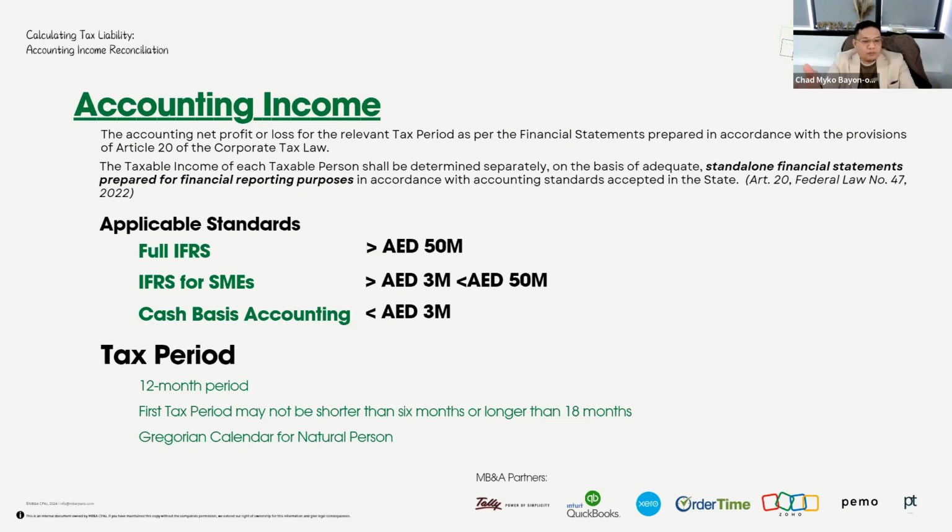That should be on a 12-month period. So it depends on what fiscal period you have chosen when you do the registration of your corporate tax. Normally, this fiscal period is available in your memorandum of association, so you could see it from there.